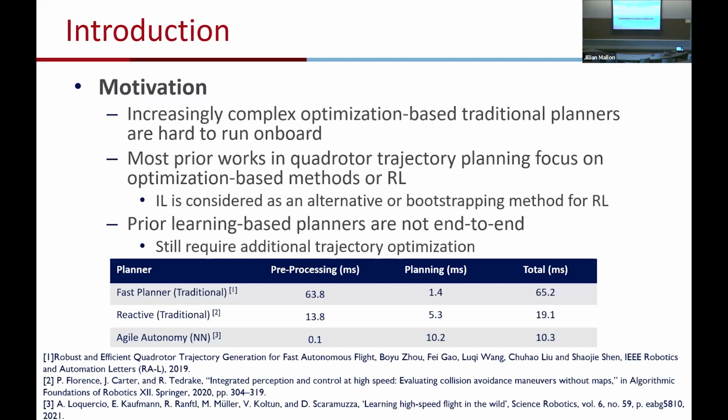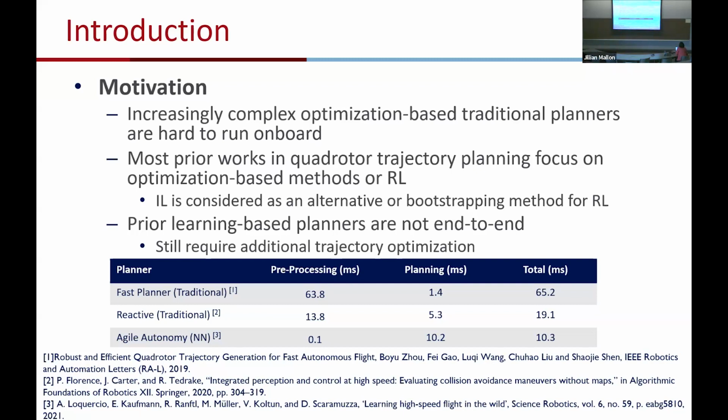Traditionally, we usually use optimization-based approach for quadrotor trajectory planning, which typically consists of a front end, a path-finding chain, and a back end for optimizing the trajectory. However, as we incorporate more and more optimization constraints onto this type of traditional planners, the computational costs become more and more expensive.